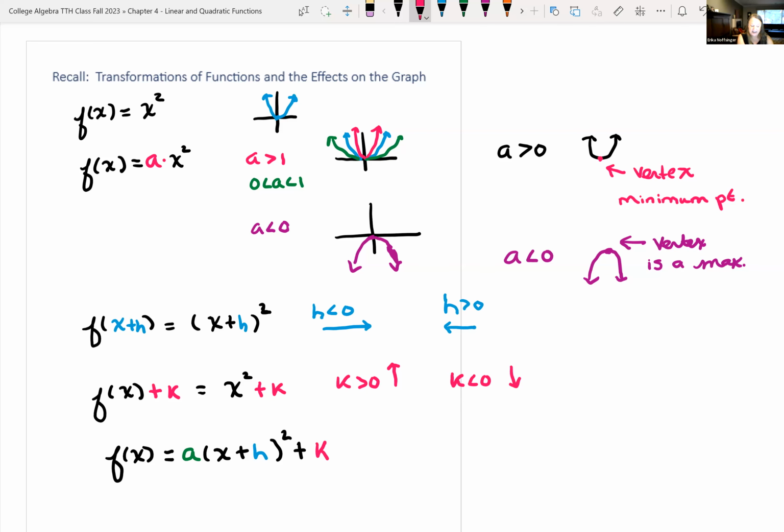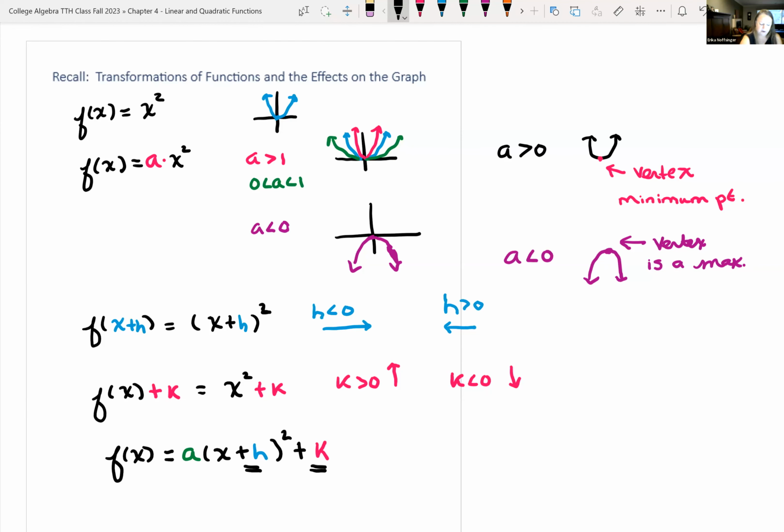The plus h is telling me if I'm going to shift left or right, depending if it's positive or negative, and that plus k is going to either shift us up or down, depending on if that k is positive or negative.